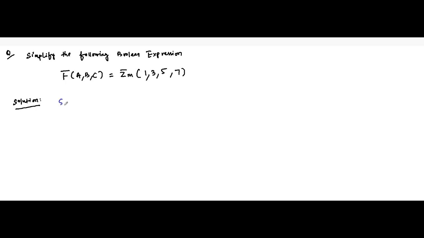First, step 1. We have to represent each minterm in terms of their binary equivalents. So we have 1, 3, 5, 7. So first, the minterms and their binary equivalents.